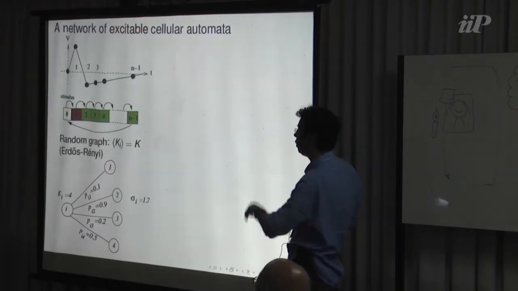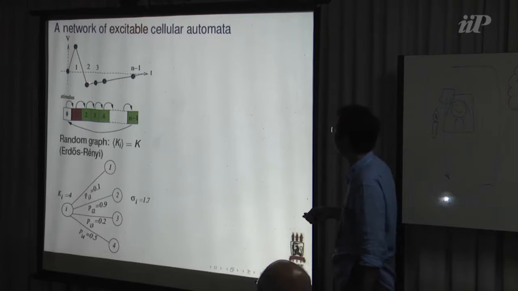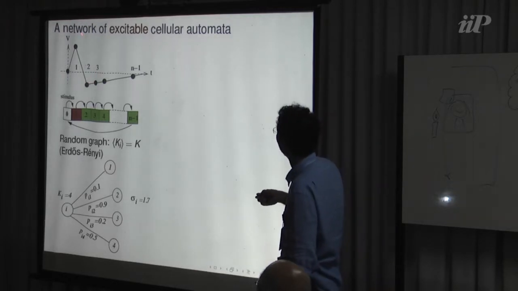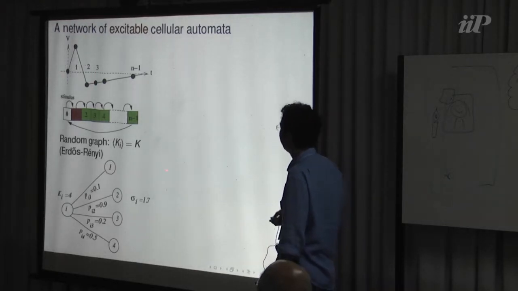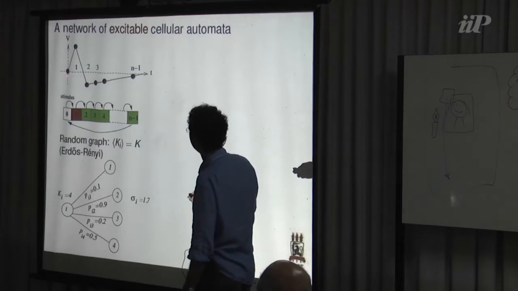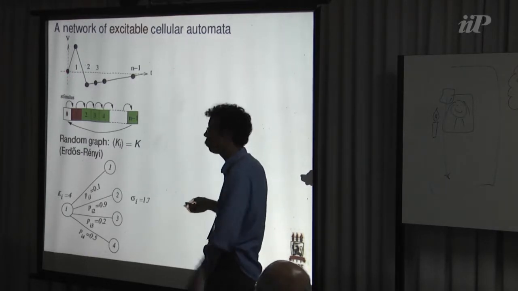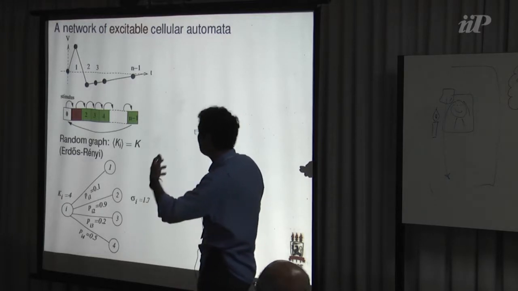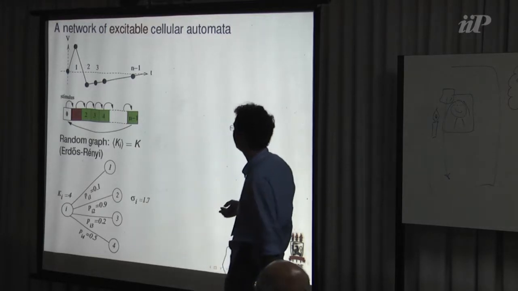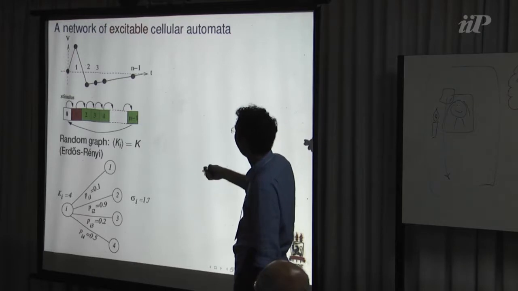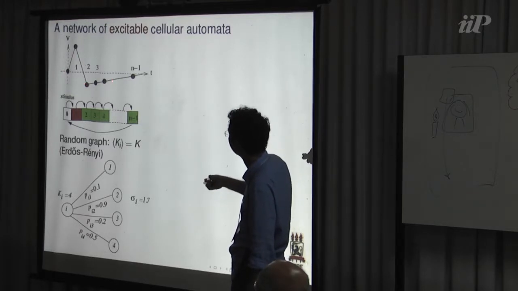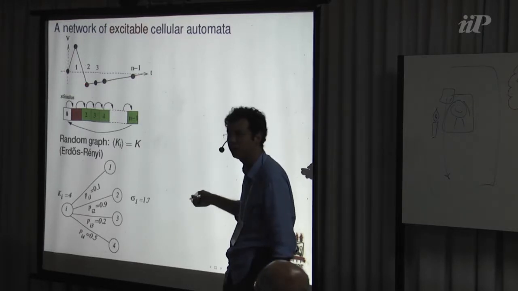This is the model I've used for a long time. This is a cartoon of what happens when a neuron spikes. The neuron is quiet, doing nothing, at resting potential, and then some current comes in through a synapse, and if it is above a certain threshold, it can spike, then it goes refractory for some period, and then eventually comes back to rest.